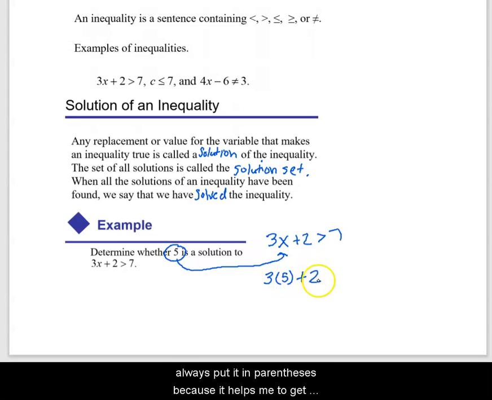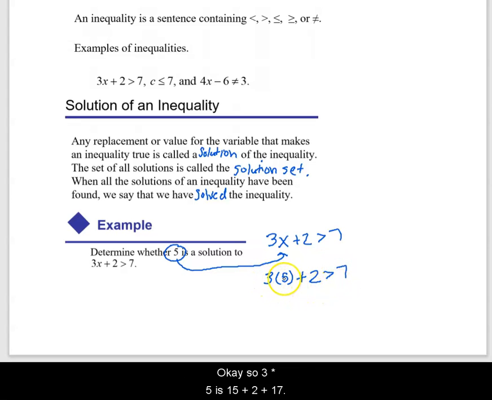Now, once again, when I plug in a number, I always put it in parentheses because it helps me to get the right answer. A lot of times when a number is negative and you don't plug it in parentheses, when you're trying to square it or things like that, it'll throw you off and give you the wrong answer, especially if you're using a calculator. So when I plug something in, I always put it in parentheses. While it's not always necessary, but okay.